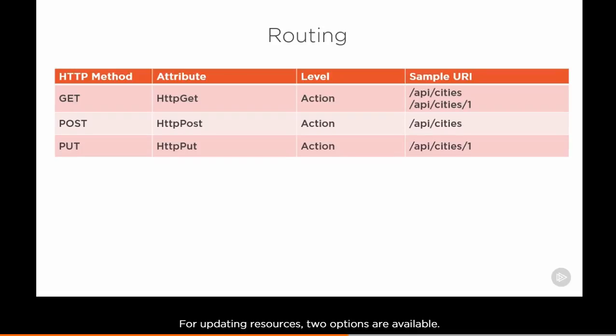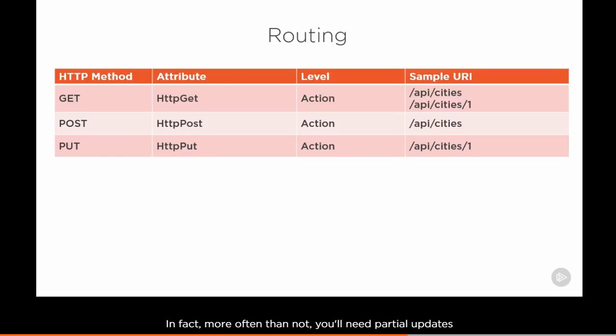For updating resources, two options are available. The first one is put, which should be used for full updates. All fields of the resource should be overwritten or set to their default values. The HTTP put method is used at action level, and a put request to API/cities/1 would update the city with ID 1. But you don't always want to fully update the resource.